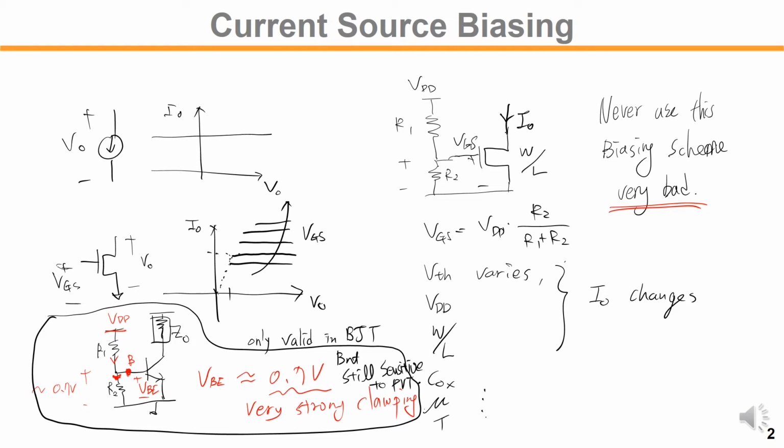The early textbooks were discussing this kind of biasing, but in the MOSFET we never use it. So this is very bad. Never use it.